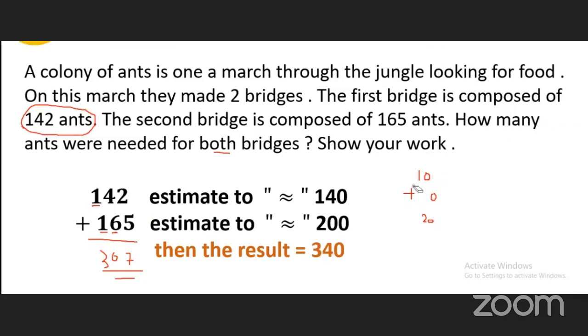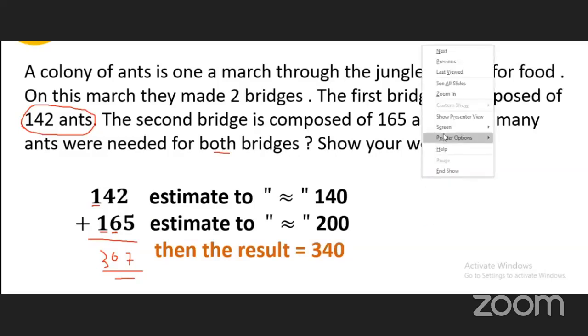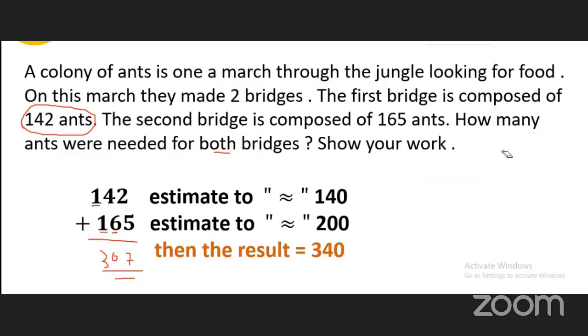So here we make estimation to what? Estimate the number 142 will be 140 because 142 is closer to 140 and 165 is closer to 200. So this is the right one.